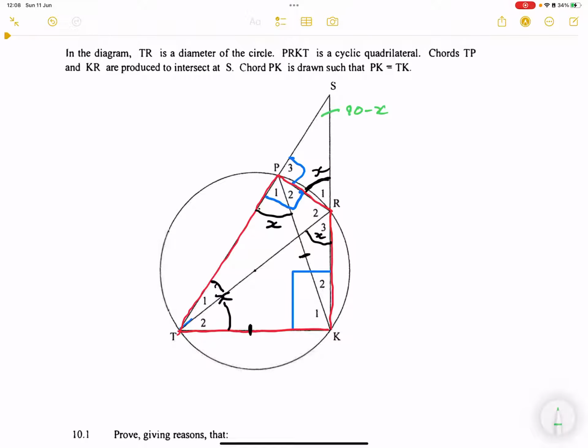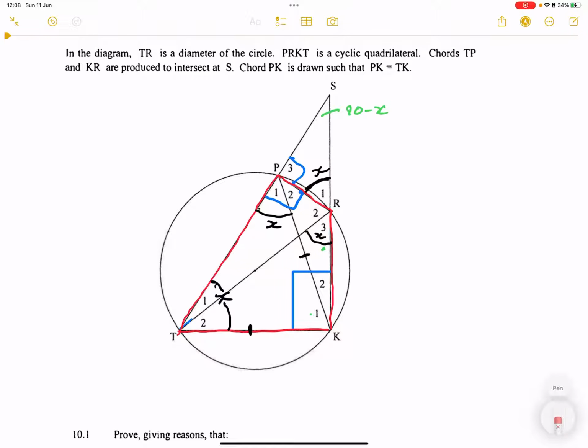But what it also means, if you look at this triangle RTK, this angle is x, and that's 90.